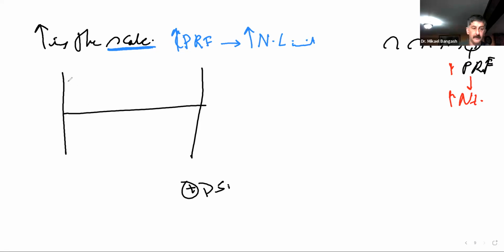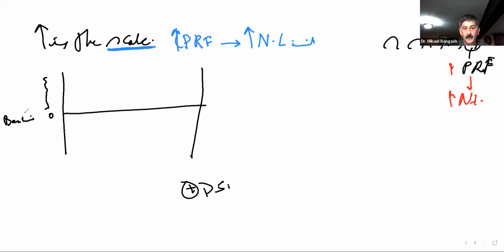Our graph ideally is going to be on this side of your zero Doppler shift, or what we also call the baseline.